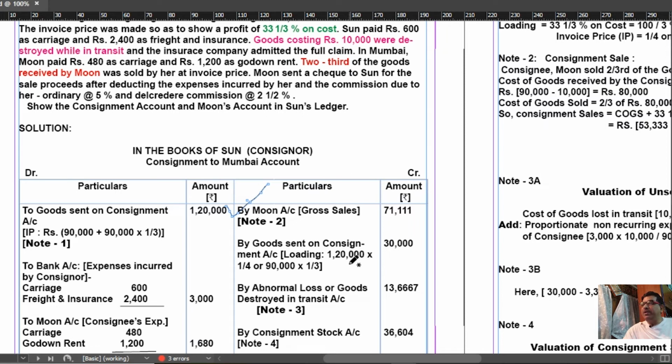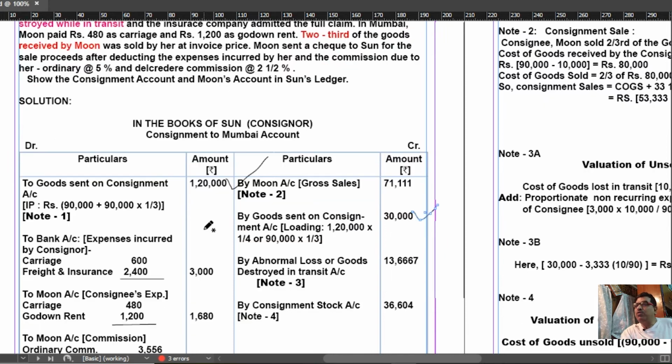It is the loading, and therefore we have to charge loading on the opposite side. Generally, loading is charged on: number 1, goods sent on consignment; number 2, goods returned; number 3, abnormal loss; and number 4, closing stock. There are 4 items on which loading is generally charged.